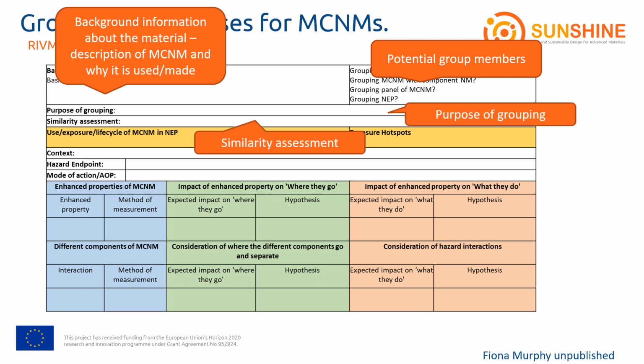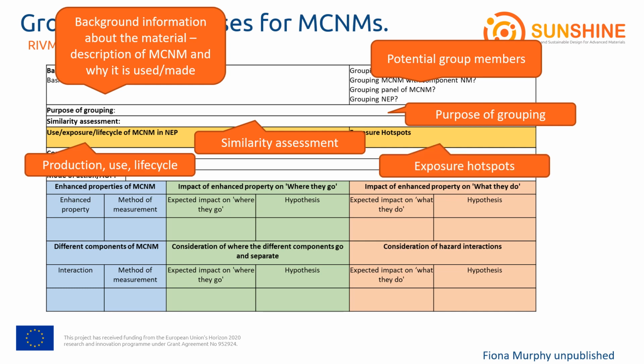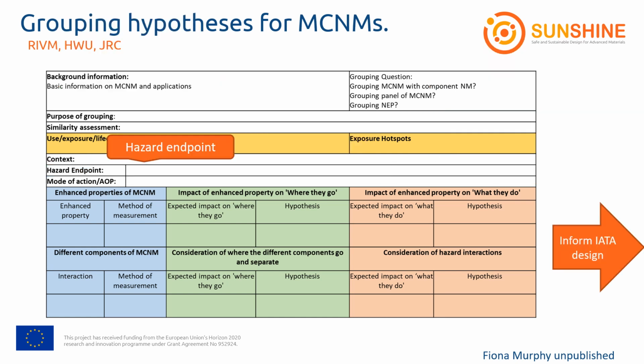It explains the purpose of grouping. It also allows us to assess what will be included in the similarity assessment, including the controls. It defines the production, use and life cycle so that we can identify the exposure hotspots. In addition, it includes hazard endpoints related to the mode of action and the adverse outcome pathway.